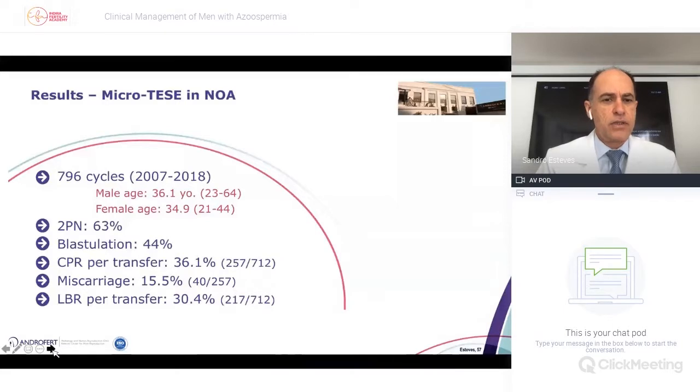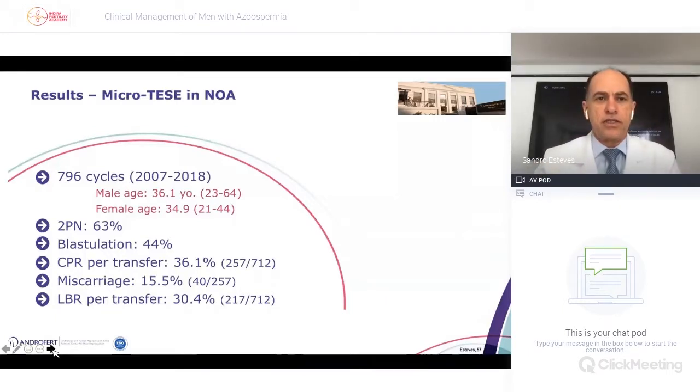You see that the blastulation rate is 44% in this scenario, clinical pregnancy rate per transfer 36%, and live birth rate per transfer around 30%. So it's quite good results considering the severity of non-obstructive azoospermia.